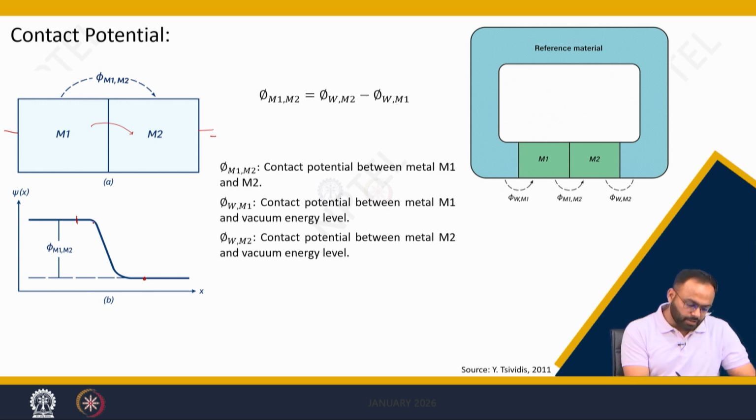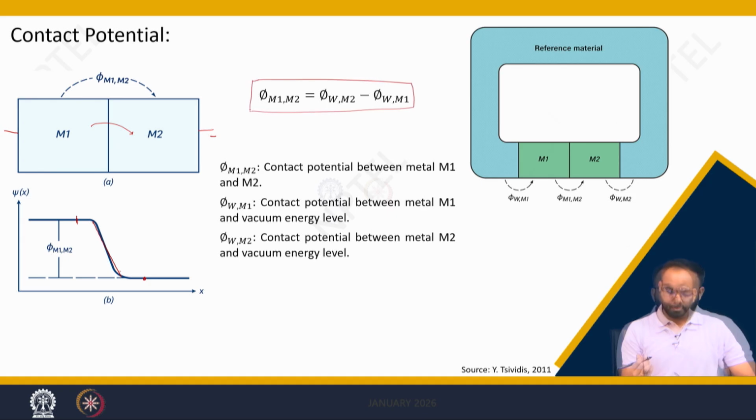This potential developed between m1 and m2 is called a contact potential. In general, this contact potential is given as the difference between the work functions of the metals. Here phi m2 represents the work function of metal m2 or material m2, and here the work function of material m1.